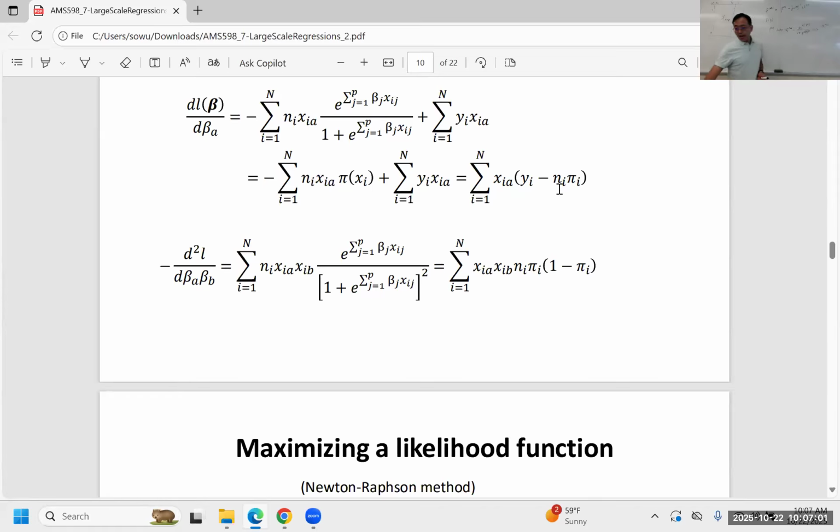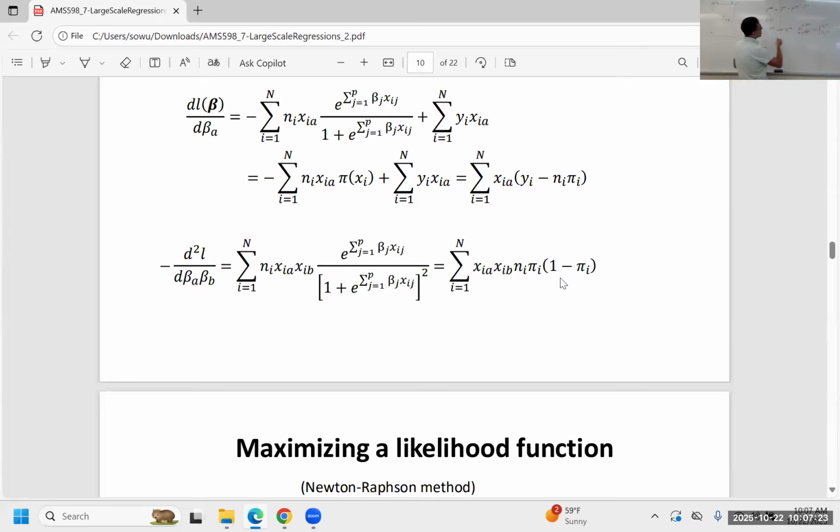And if you know that, then you also know the Hessian matrix, the H_ij as well. So you basically know the score vector and the Hessian matrix.